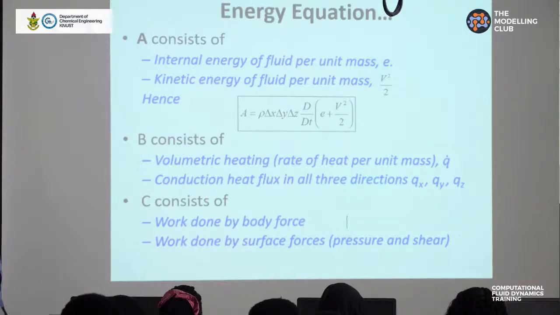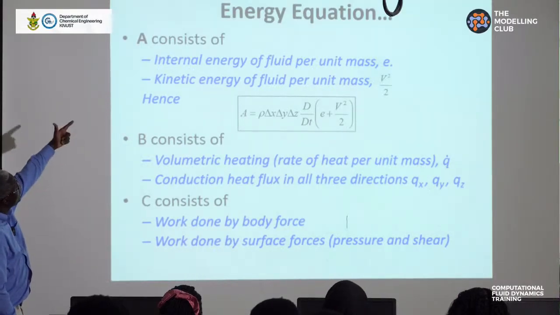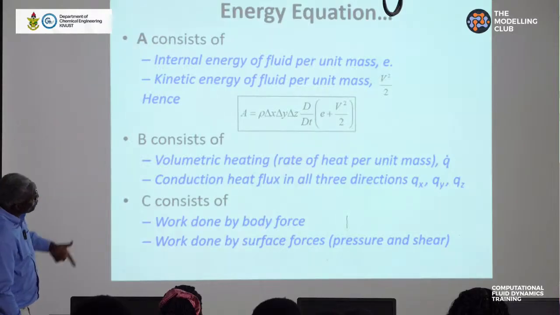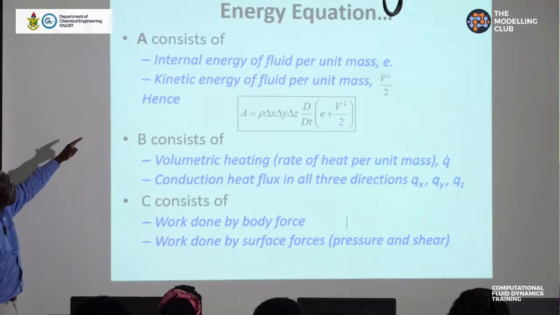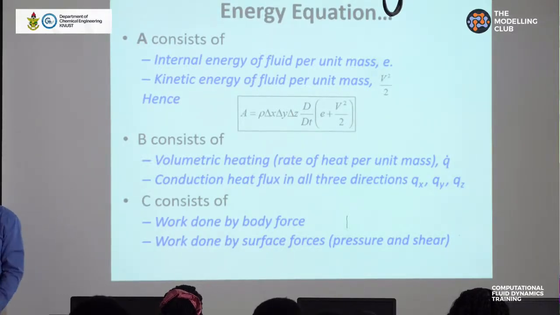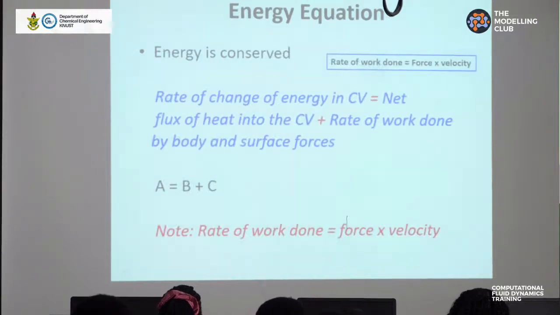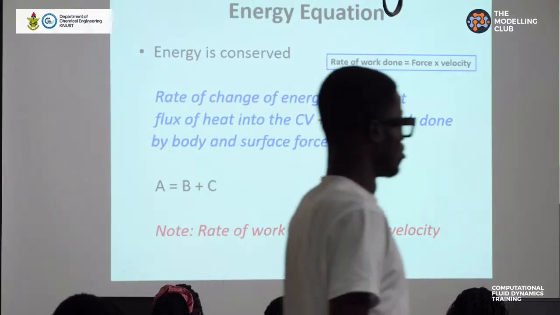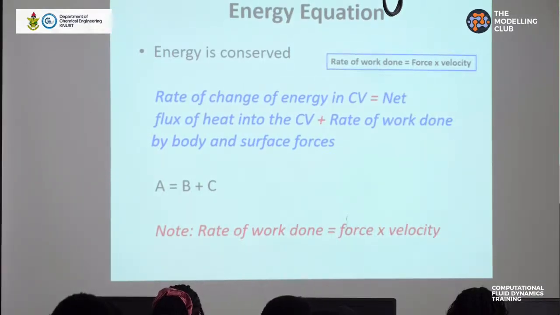What are these forces? Well, what does the conservation of energy boil down to? From the statement of the conservation of energy, we are saying that A is equal to B plus C, where B is the net flux of heat into the control volume, and C is the rate of work done by the body and surface forces.